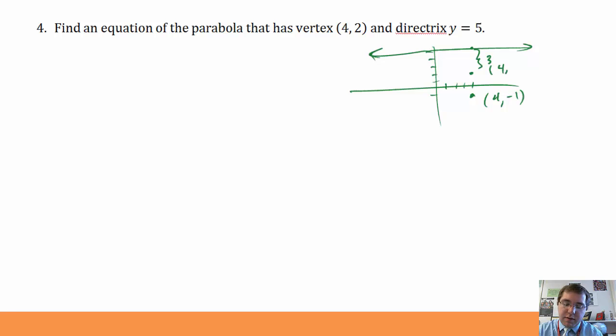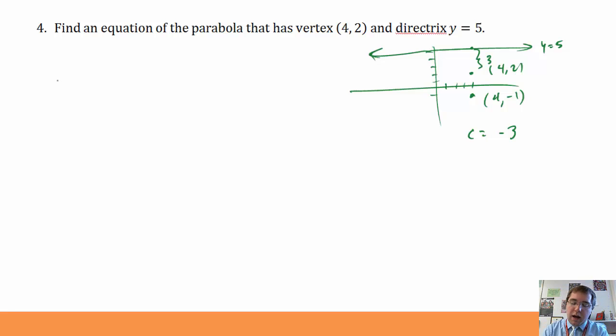The vertex is at 4, 2. The directrix is the line y equals 5. So c, which is the distance from the vertex to the directrix, or the distance from the vertex to the focus, has an absolute value of 3. But since the focus is below the vertex, c is really negative 3.